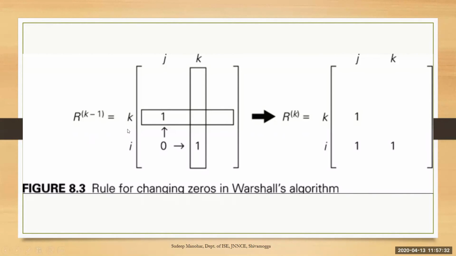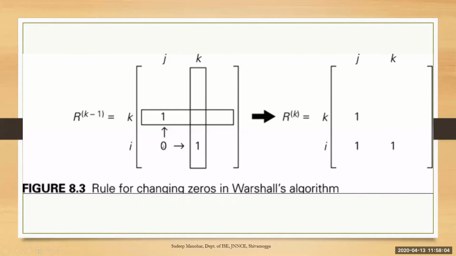What that previous point tells is, if I want to fill this, this is a 0 in the previous step. Now this has to be changed to 1 in the next step if and only if the corresponding row and the corresponding column that come in the kth row and the kth column respectively are 1.